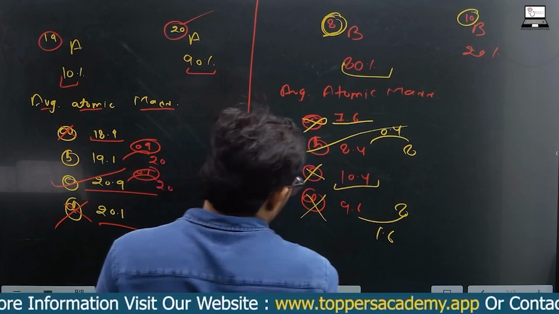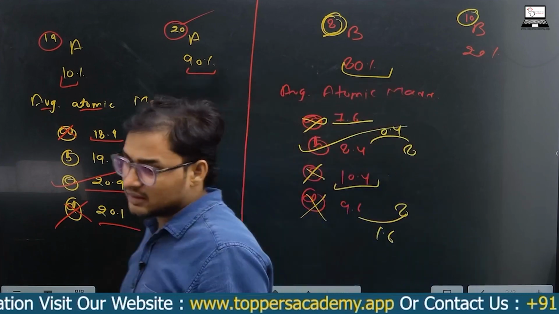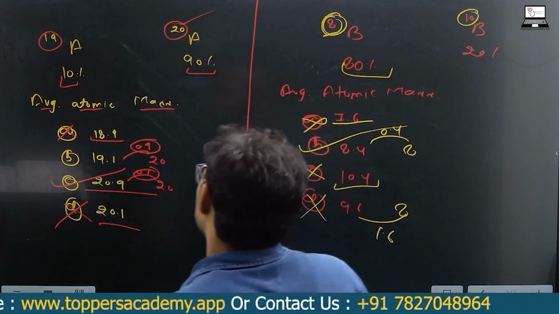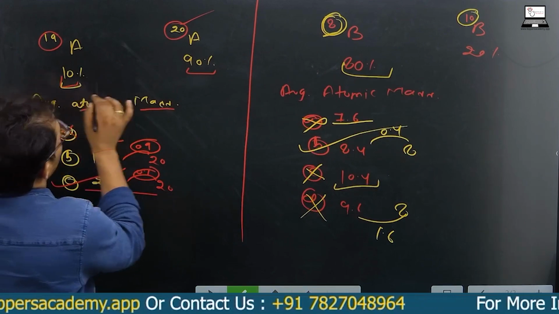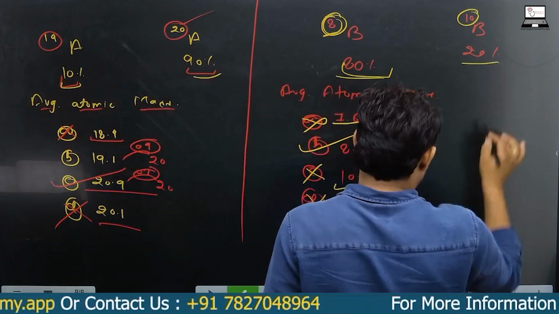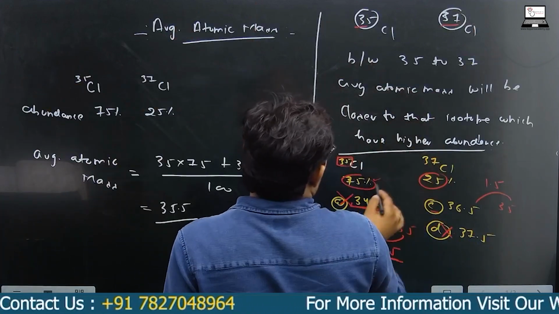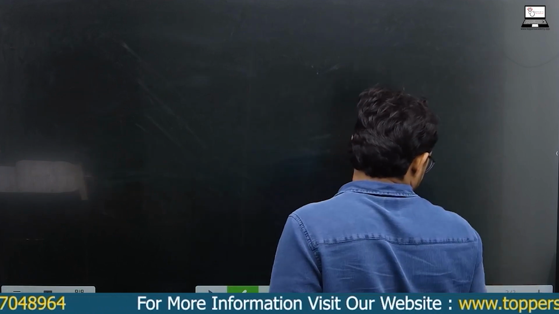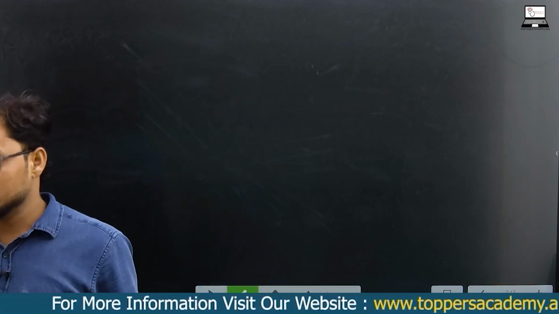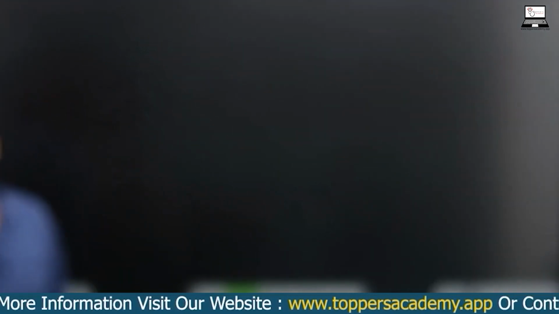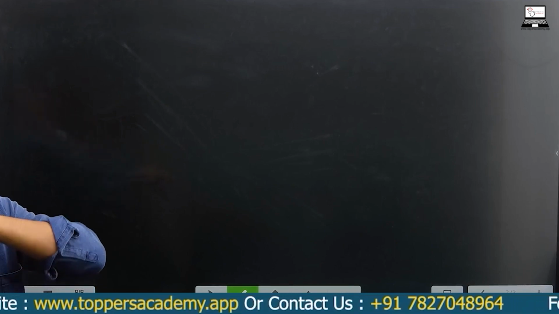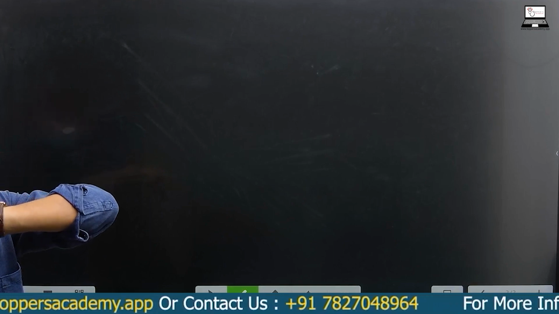Now I will take another question. My dear students, this funda will be applicable not only for questions where the percentage abundance is given as 10, 90, 80, 20 or 75, 25. The percentage can be anything, the funda will be the same. Suppose I am taking a previous year question of a competitive exam, a NEET previous year question.